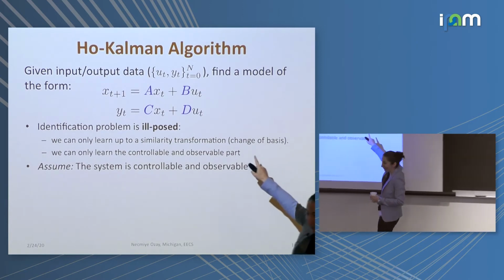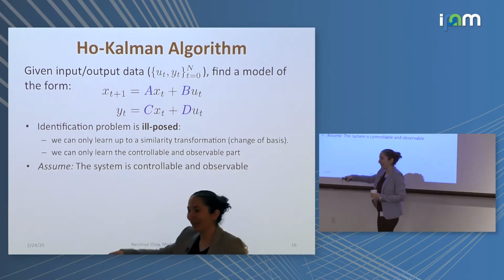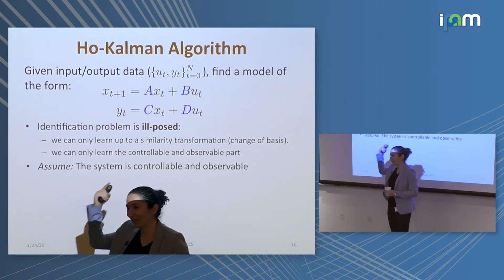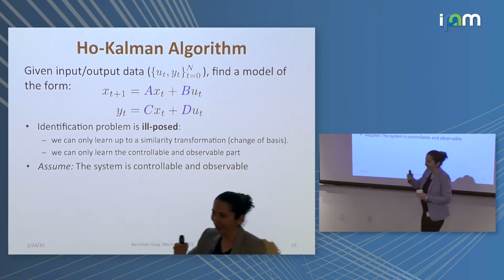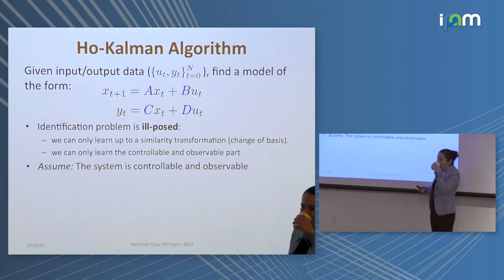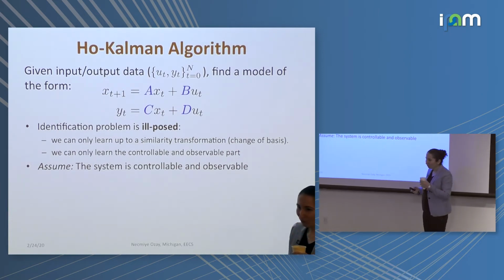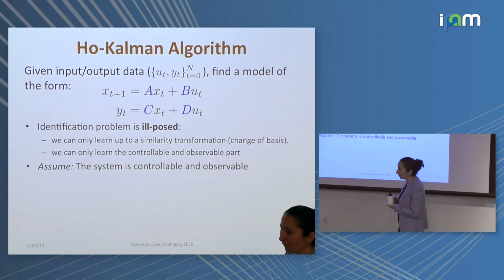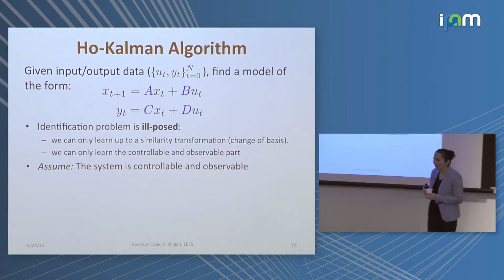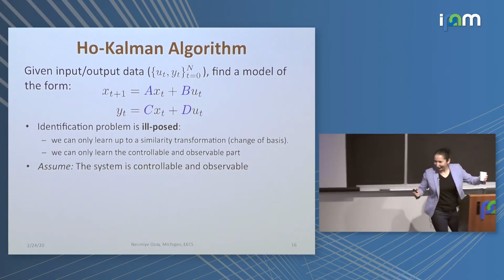When noise came back, they started calling this the eigensystem realization algorithm. And this observation about ill-posedness with the P, it transforms the noise covariance matrix as well, right? So you can't really assume that. That's a very good point.